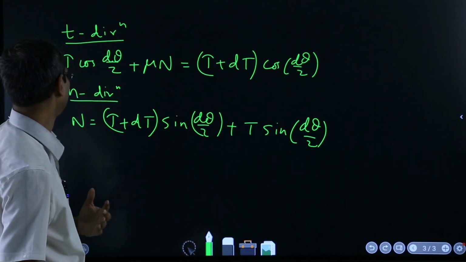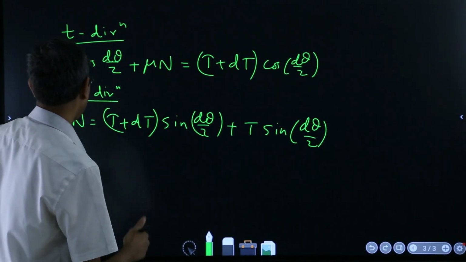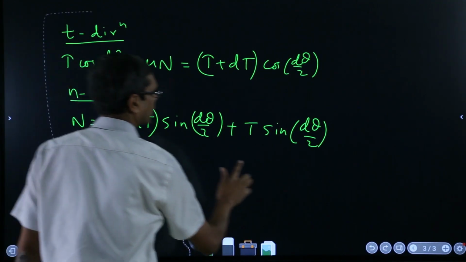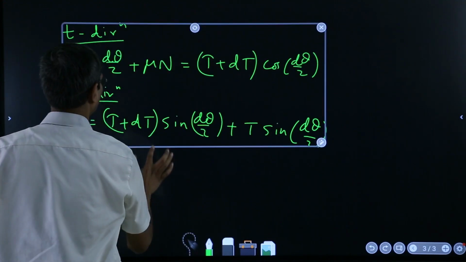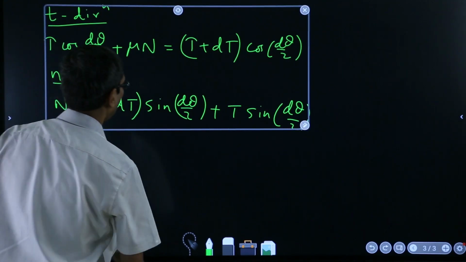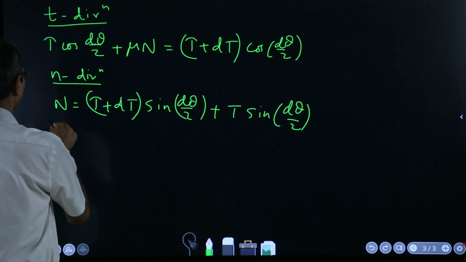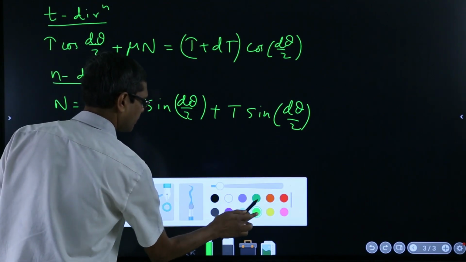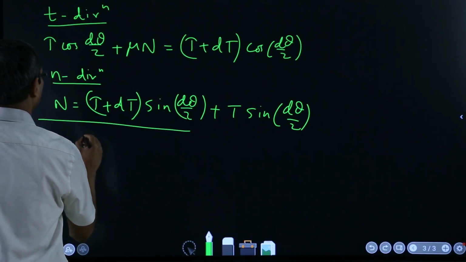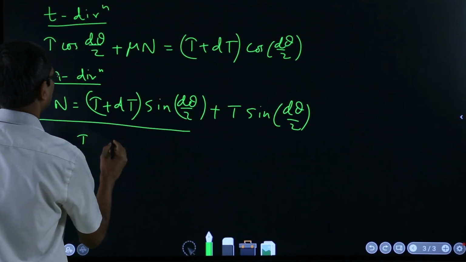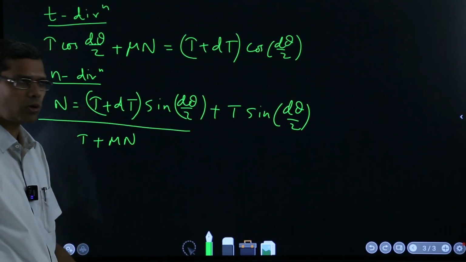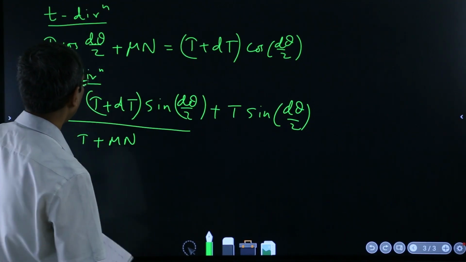So if we take these things in the limit when d theta tends to 0, what will happen is, this will become T plus mu N, because d theta by 2 is very small, so cos d theta by 2 will become 1 in that limit.